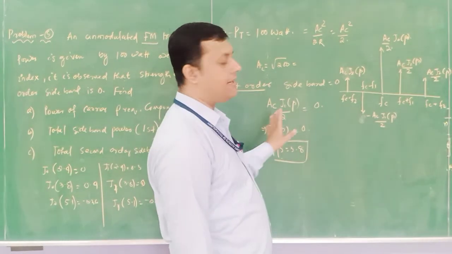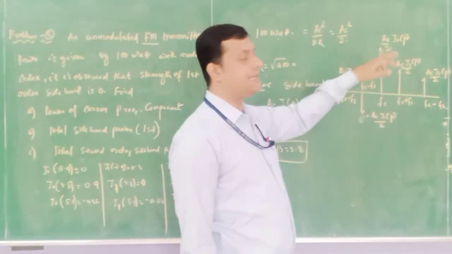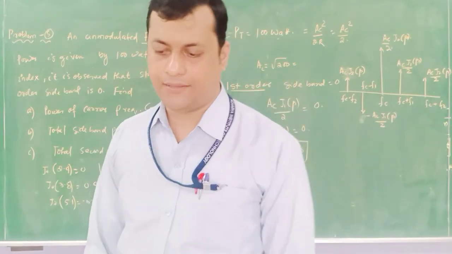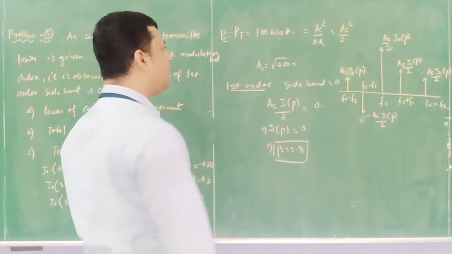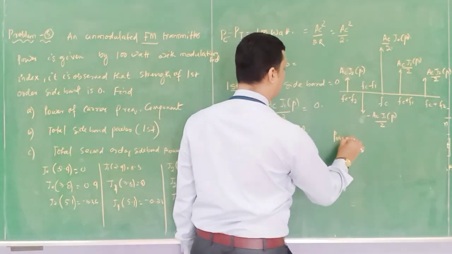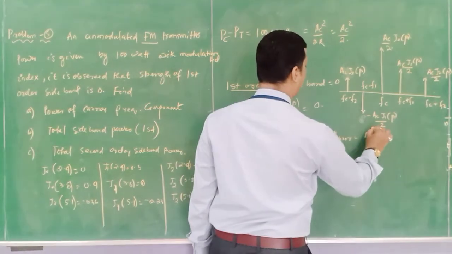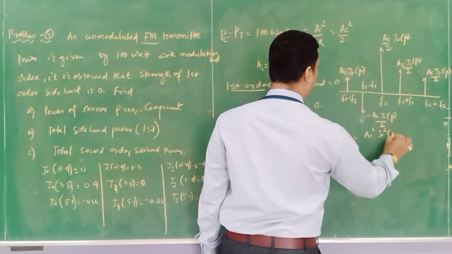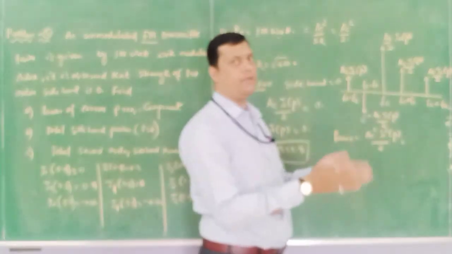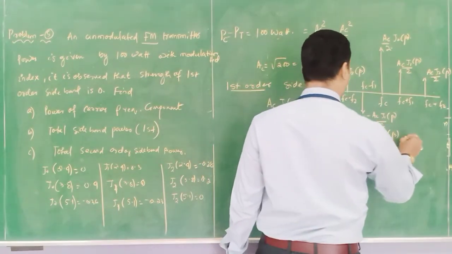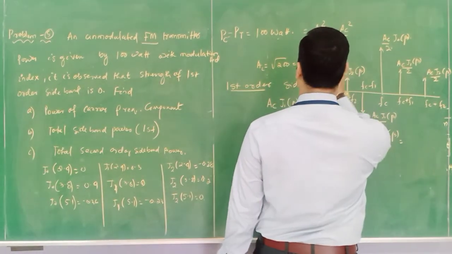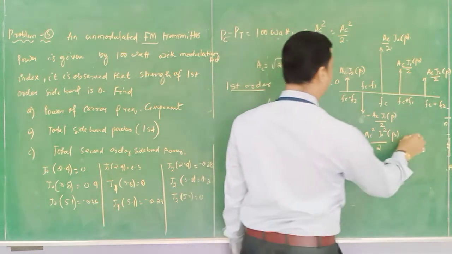First we need to calculate the power content in this carrier. How are we going to identify the power available in this? It is Ac square J0 square of beta divided by 2, only the squaring of the amplitude. How much is Ac square? It is 200.